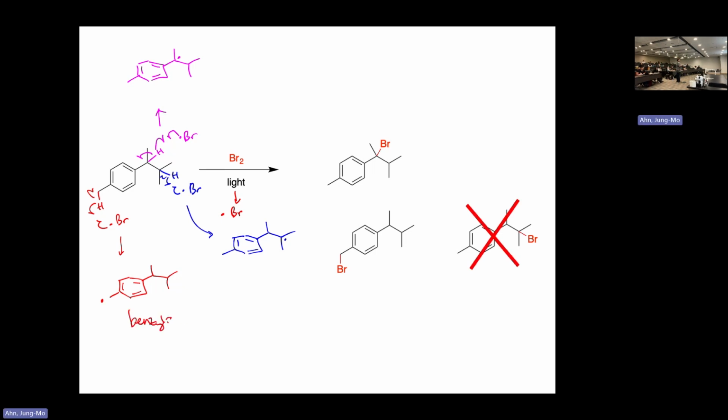But that is benzylic and primary, with just one carbon attached. We get that one, which is a tertiary carbon, benzylic and tertiary. So if you compare the stability of the two benzylic radicals, this one probably comes out on top. Benzylic and tertiary will be more stable than benzylic and primary.